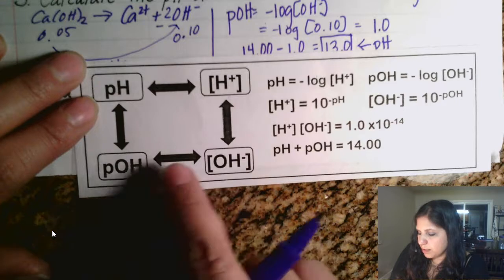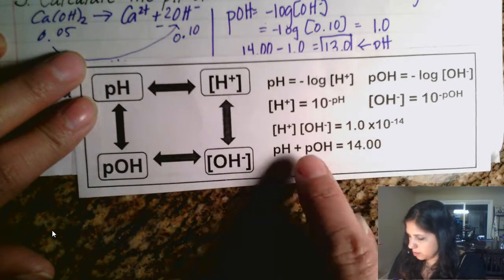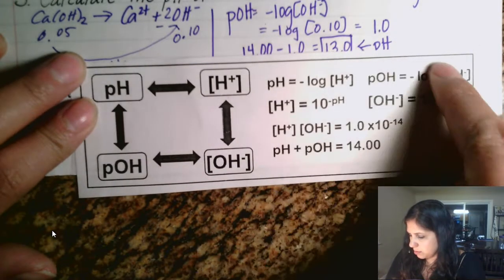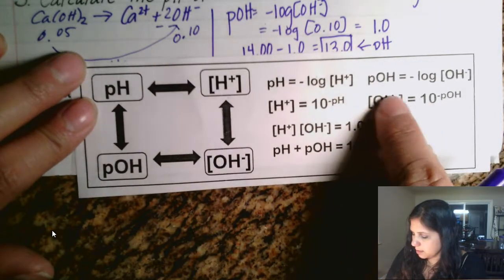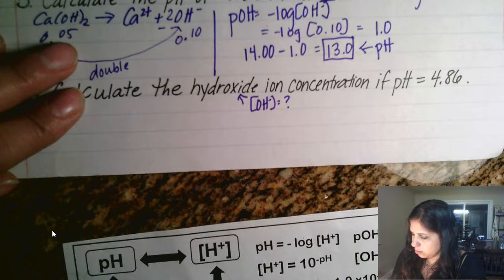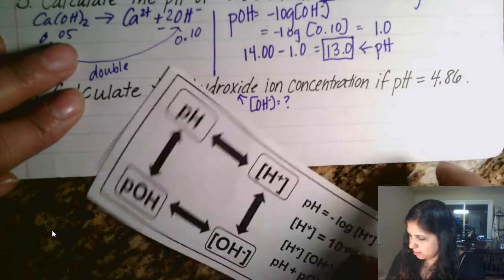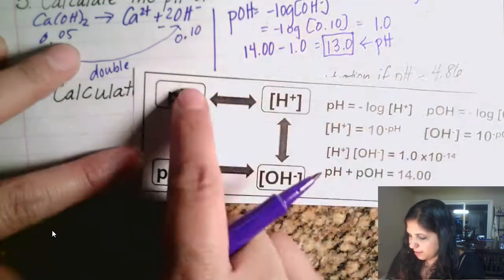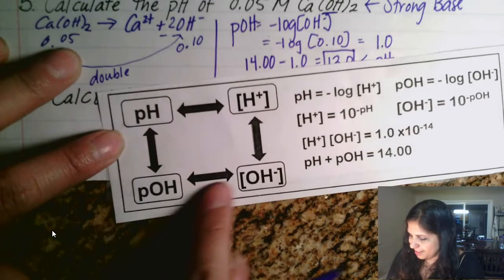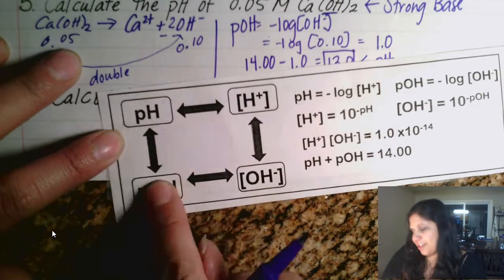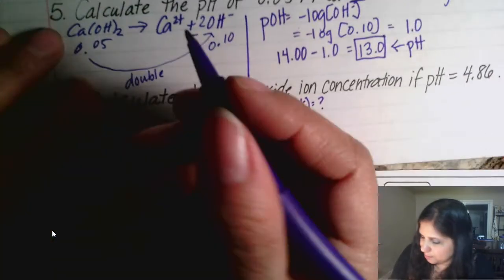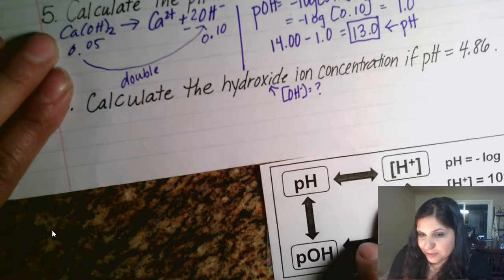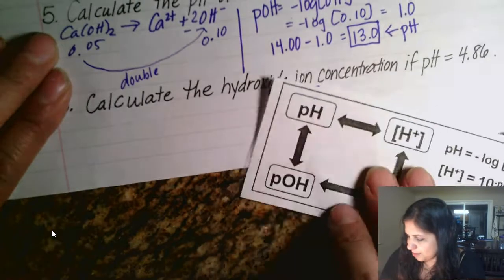So to go from OH to POH, OH and POH, that's these two. We want the one that solves for POH. So that's negative log of OH. No, we want, I'm sorry, we have this one and we want to get to this one. So we're going to go down and over. So pH to POH. That happens. Sometimes we make mistakes, so we gotta fix that.